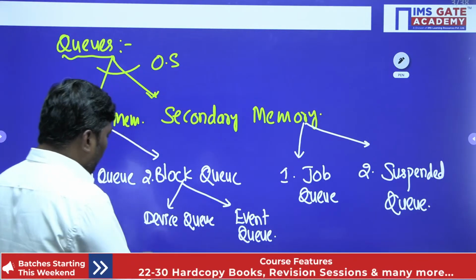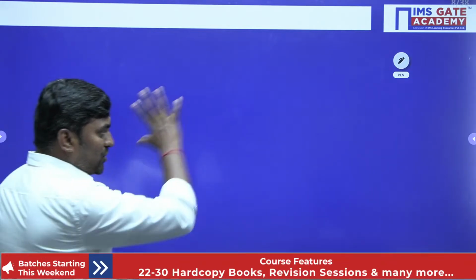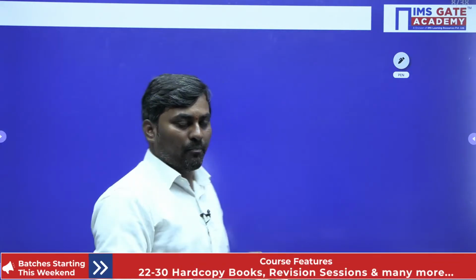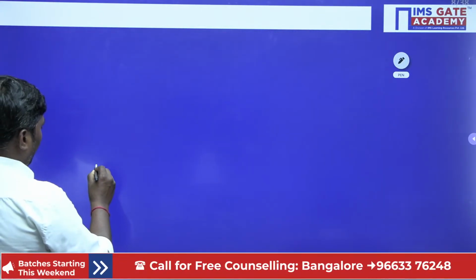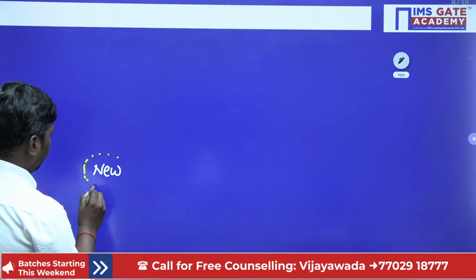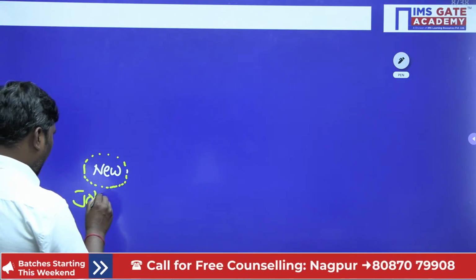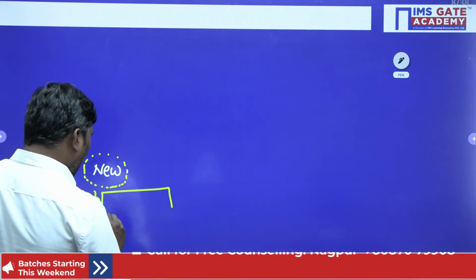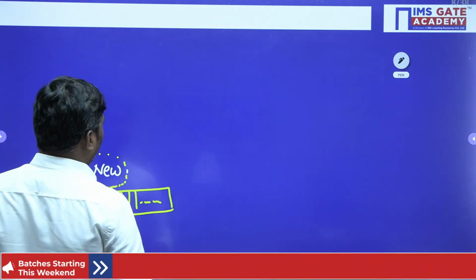For getting more clarity, once again I will draw the process state transition diagram in queue form. Please observe. We have seen the new state. This new state is nothing but a state, but its implementation is a queue.